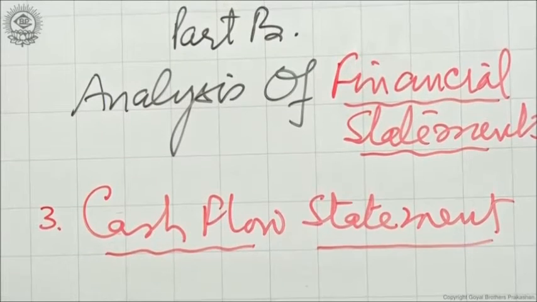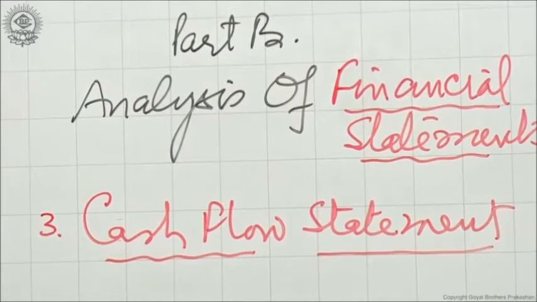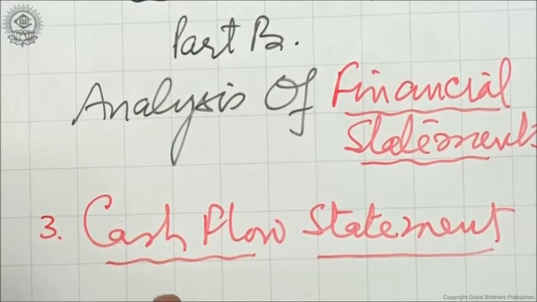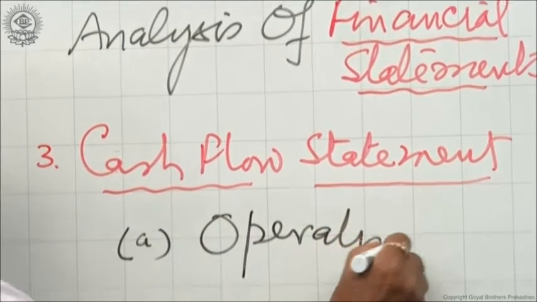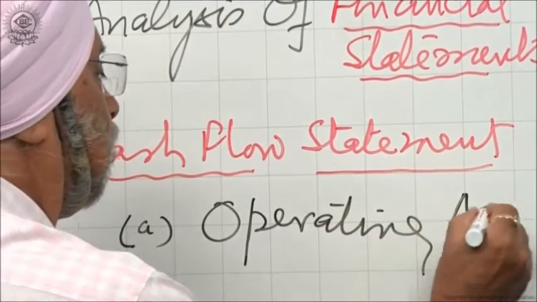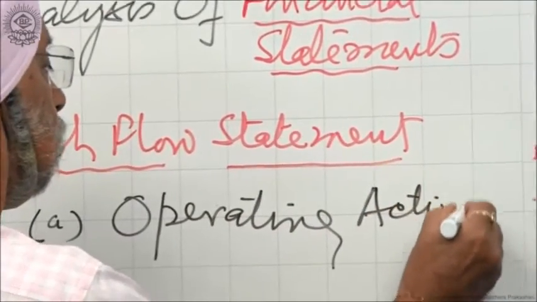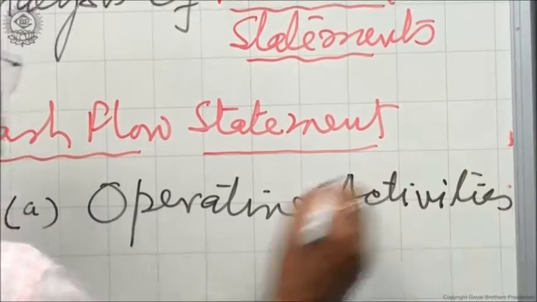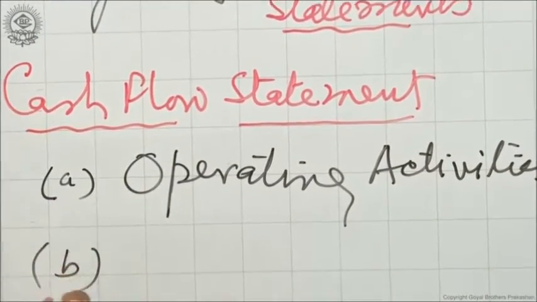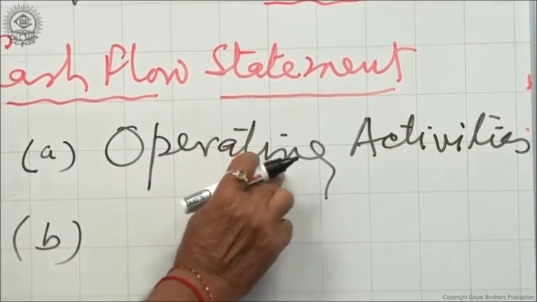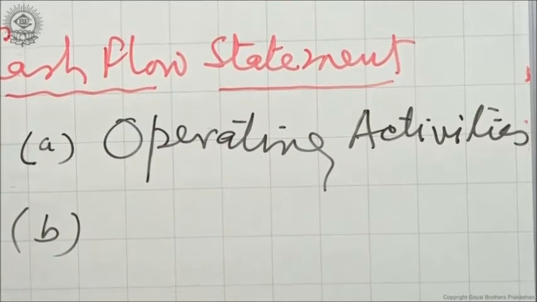These inflows and outflows are shown on account of three activities. They are operating activities, and the inflow and outflow on account of operating activities.